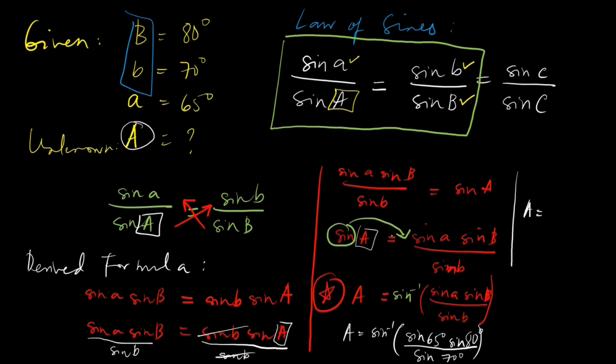So arc sine of 65 degrees times sine of 80 degrees divided by or over sine of 70 degrees. So your answer should be 71 degrees.